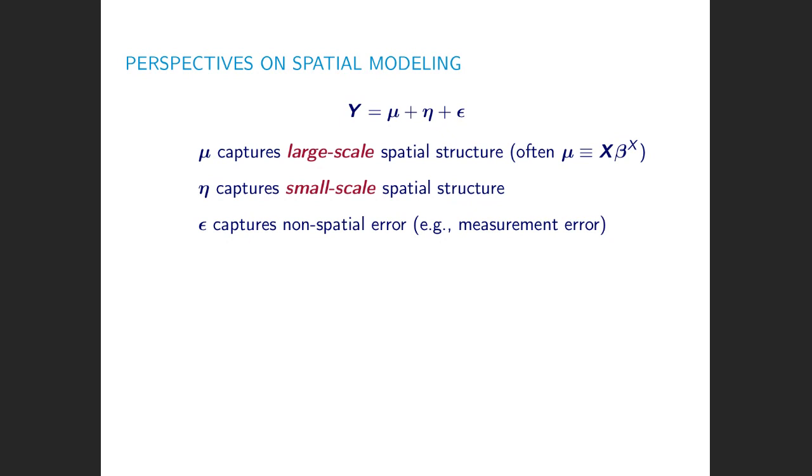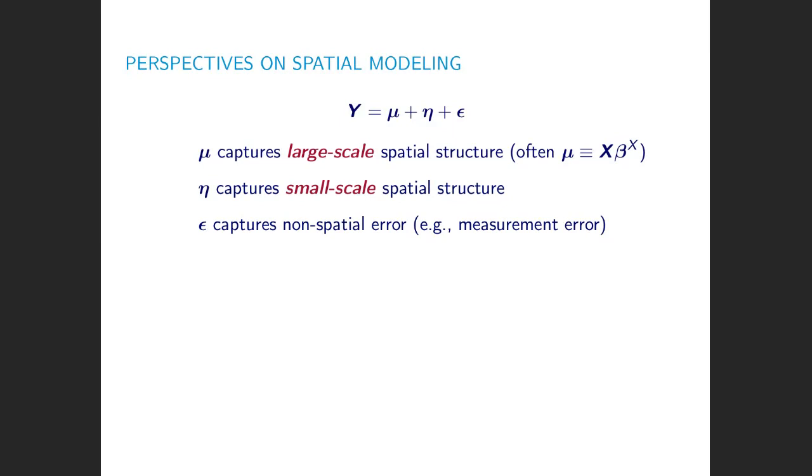Mu is going to be the component of the model that captures large-scale spatial structure. And typically, we're going to specify a model for mu that's of a regression form. So we'll assume that we can write mu as x beta. Epsilon is the non-spatial error that usually we think of as capturing measurement error. So we'll typically assume that it's independent and identically distributed.